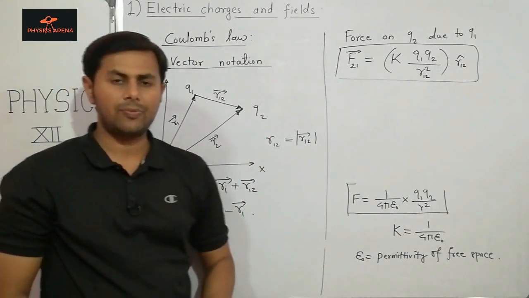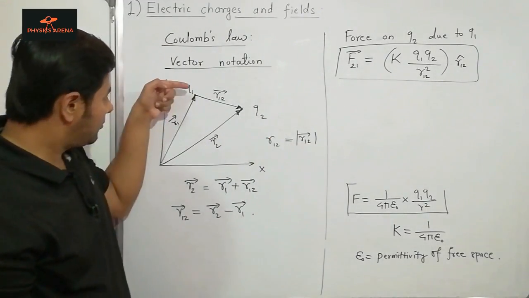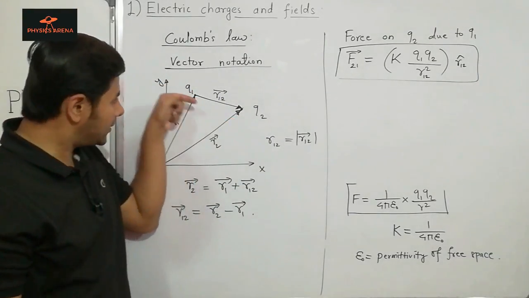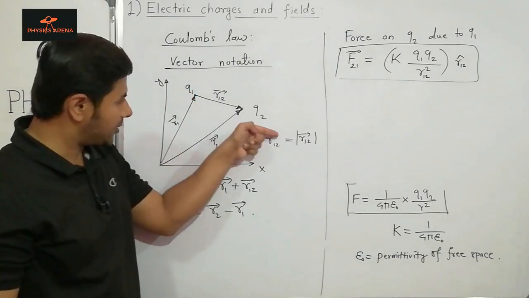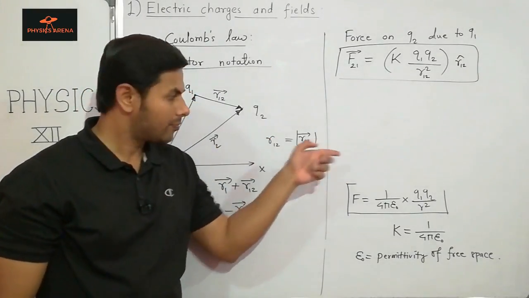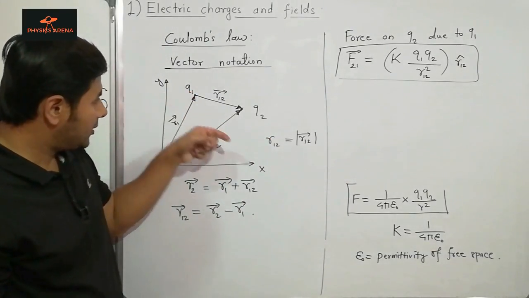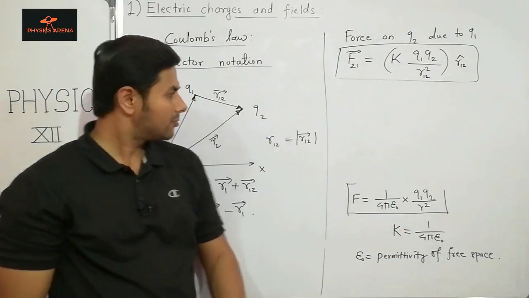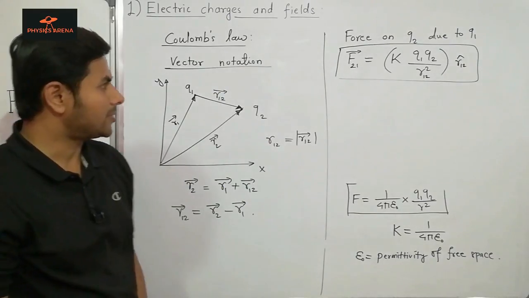It means the force will be repulsive, because it is the force on 2 due to 1, and it is directed along r12 bar. So Q1 is pushing Q2 away from it. So the force will be repulsive.